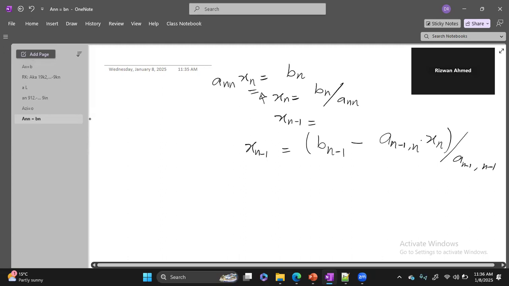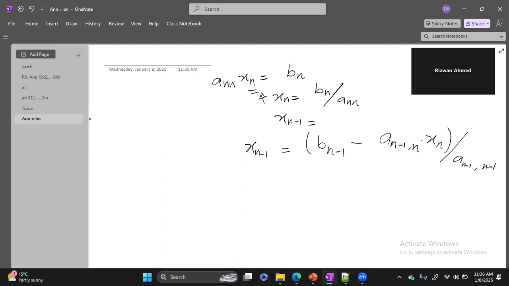So this is basically a rearrangement of the second last equation. And the indices can be understood if you have gone through the matrix multiplication algorithm. So these are straightforward, and we can write a general equation.